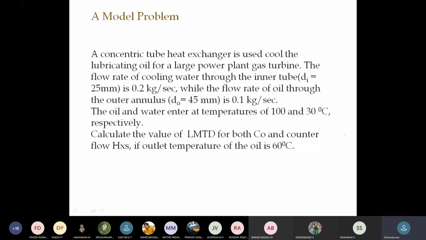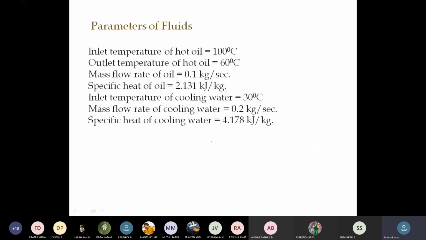If the outlet temperature is unknown, we discussed this problem, right? So if three temperatures are given along with the other data, we have to calculate the LMTD. So these are the given data: 100 degrees Celsius, 60 degrees Celsius, m dot of H, m dot of C, the inlet temperature of the cooling water is also given, the mass flow rate is also given, then Cp is also given.